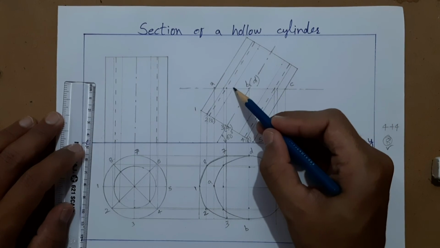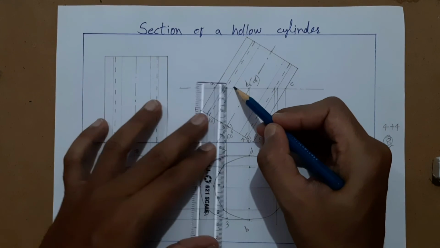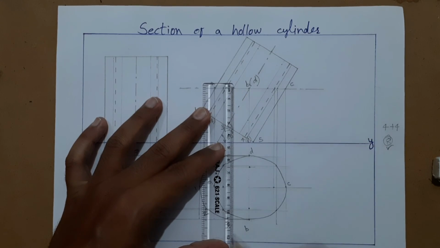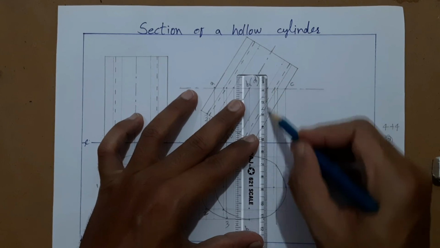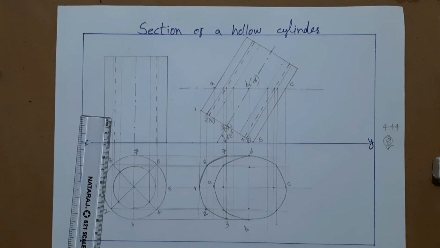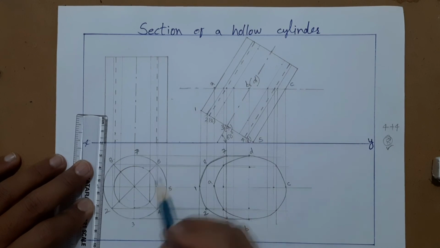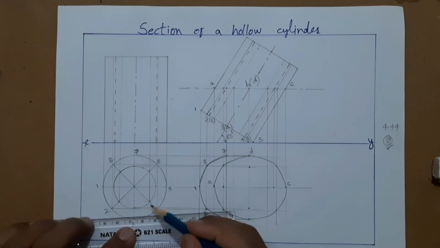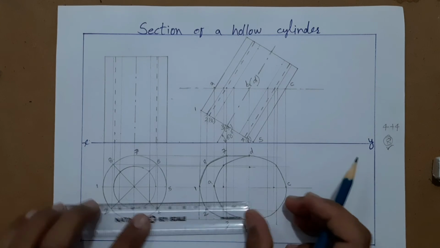Now 8 equal parts, these 2 points already we have. Let us project them also. Here, where are these 2 points? Here, project them, these 2 points.